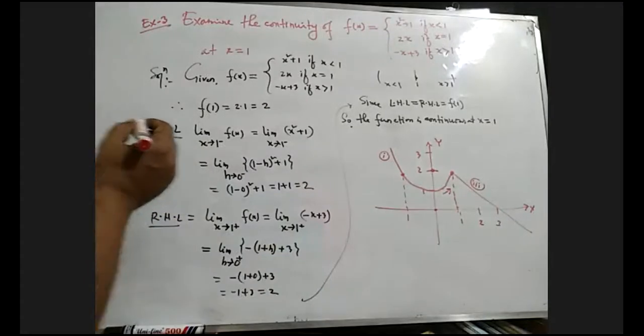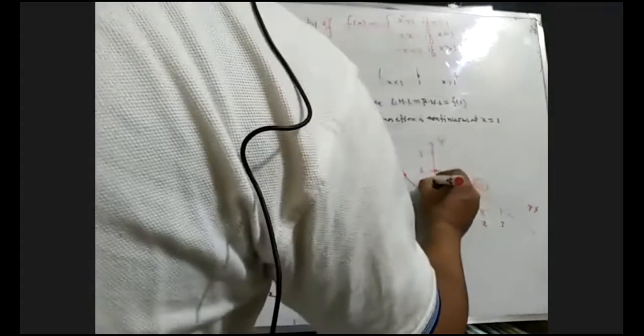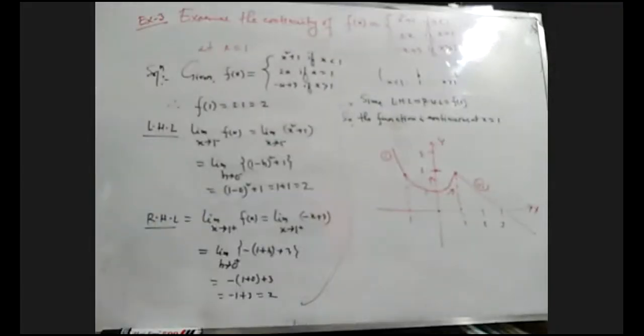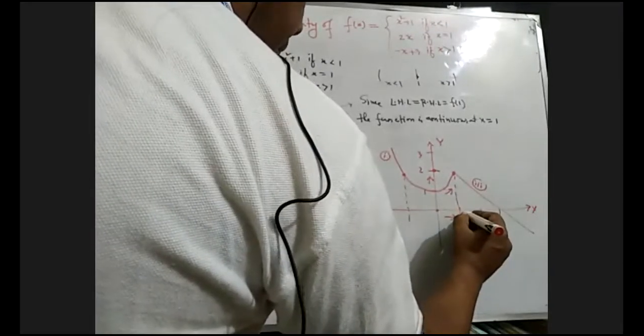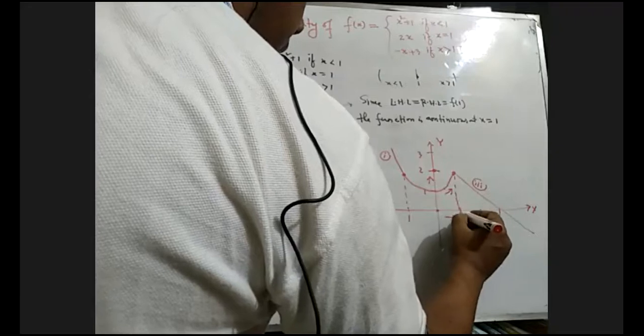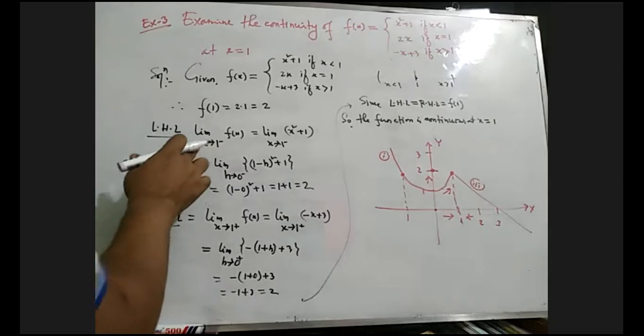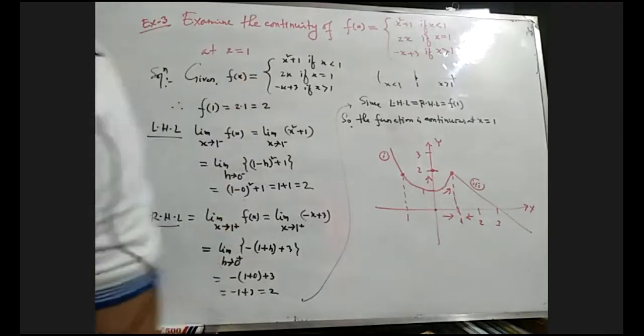So this is the right hand limit and the functional value at x equals to 1 is 2. The limit will be between the left hand limit and right hand limit at x equals to 1.